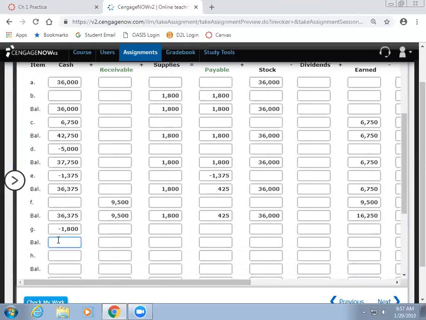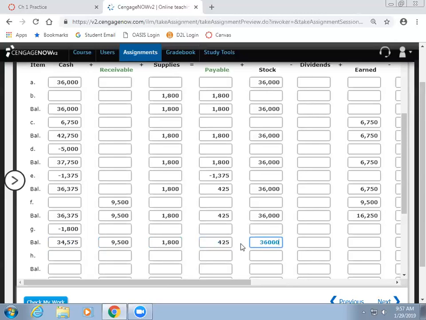Okay. So what's my new cash balance? $34,575. Perfect. And then I just have all my other accounts to carry down. Accounts receivable is $9,500. Supplies is $1,800. Accounts payable is $425.